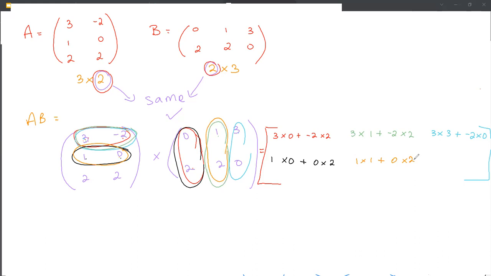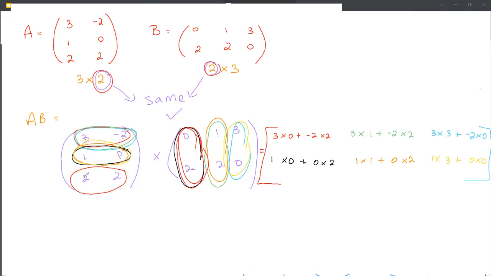Next, first times the first plus the second times the second. Finish with that second row by each column. So I'm going to go last row by each column.